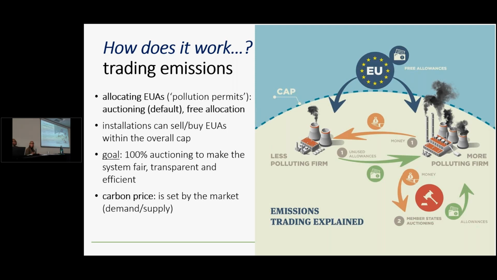Most member states auction on one common platform, the platform in Leipzig. Poland, Germany, and the UK have made use of an opt-out provision. But actually two of them are contracting EEX anyway. So this is basically the member states.